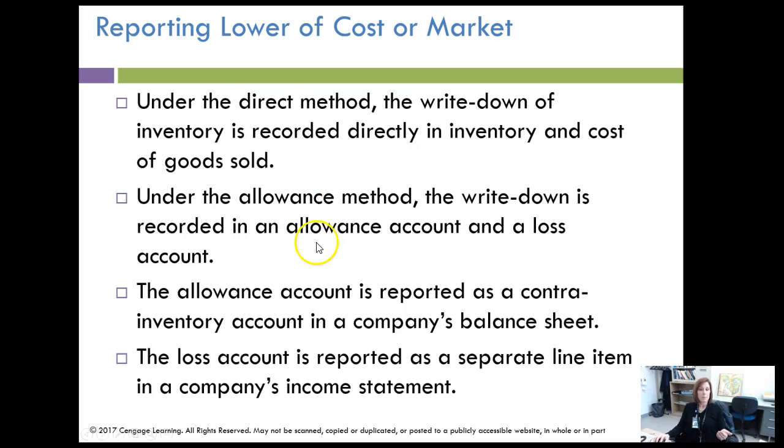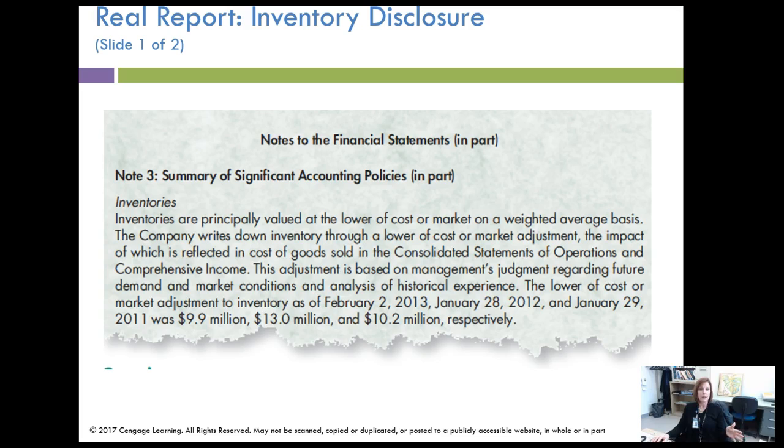Whereas under the allowance method, we're going to have a contra account on our balance sheet and a separate line item on our income statement. So both statements will be affected regardless of the method. The allowance method just makes it very clear as its own separate line item how we treated those things.